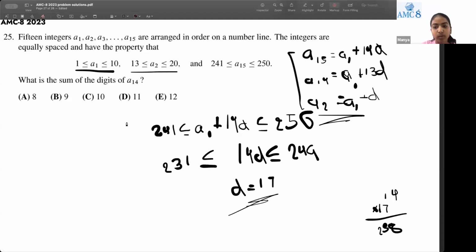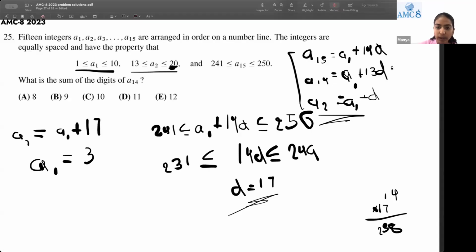And A2 is equal to A1 plus D. So if D is equal to 17, A2 equals A1 plus 17, then we know that A1 must be, suppose that A2 is the greatest value possible, A1 must be equal to 3, assuming that A2 is equal to 20, right? Because it's the greatest value possible. So A1 is equal to 3 and D is equal to 17.